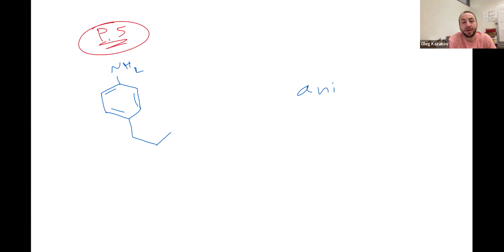So benzene ring substituted with NH2, we're going to have aniline as part of our name. Then in turn, the aniline is substituted in the benzene ring, right? So because now here, if you look at aniline, it used to be like this. So that's your aniline structure, C6H5 NH2, right? So now you here have theoretically your H, right?